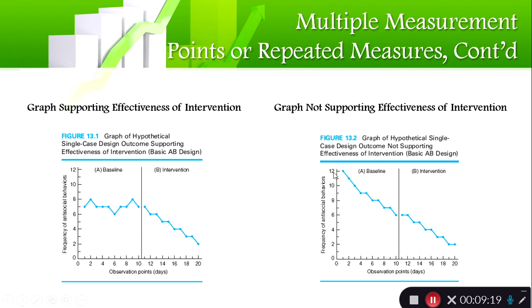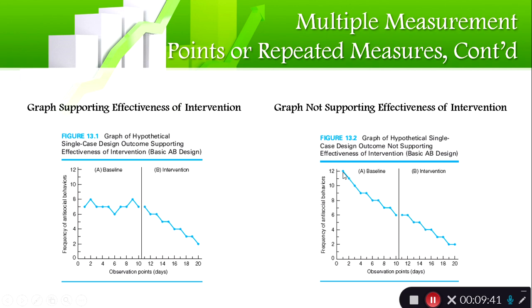Then we see in the graph to the right that this particular graph doesn't necessarily support the effectiveness of the intervention, because in the baseline we see a downward trend, and the same downward trend continues even after the introduction of the intervention. So there is no shift, either increasing or decreasing.